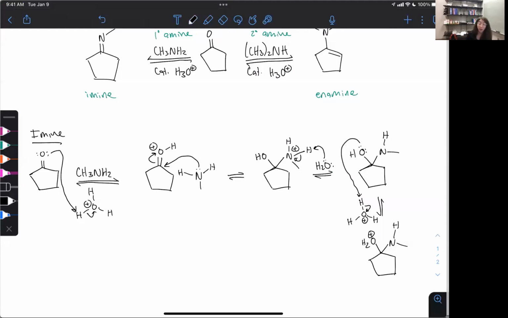That's why we protonate our leaving group before we kick it off. But this is still the same kind of tetrahedral intermediate that we saw with the Grignard additions. Now we're going to use the nitrogen lone pair to move down and kick off our leaving group.